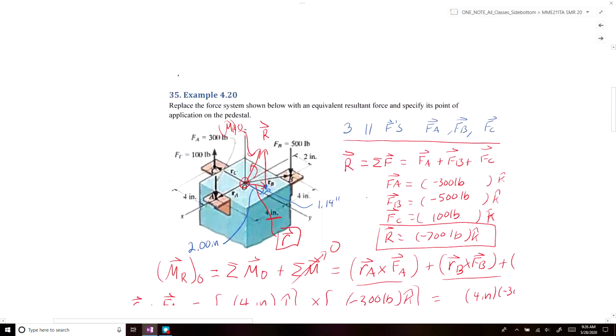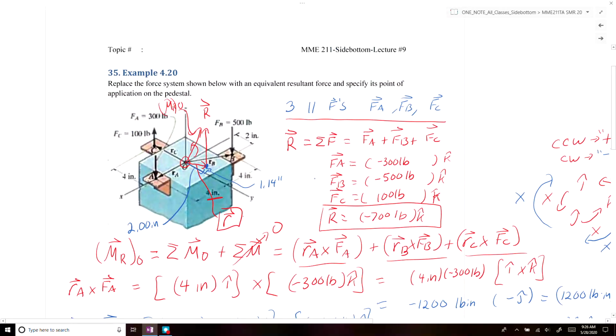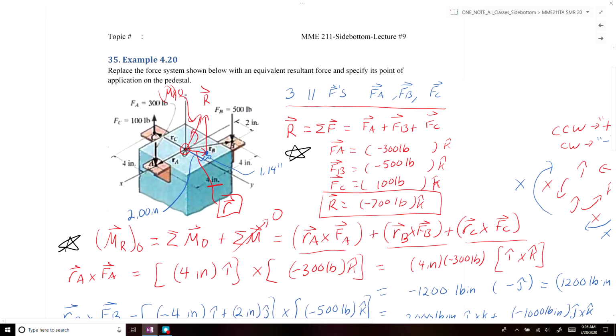All right, so these problems are pretty straightforward. First you find the resultant forces and the resultant moments using the sum of all your Cartesian forces, and the sum of all your moments using cross products.